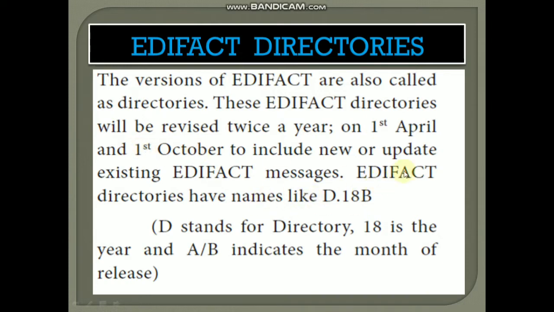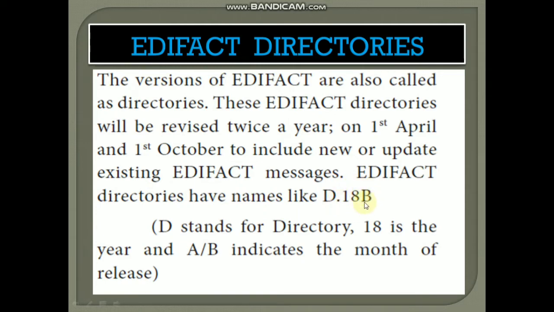The directory's name will be like this, D.18b. Here D stands for directory, and the dot stands for a separator, or you can even treat it as a decimal point. 18 is the year in which the directory was released.